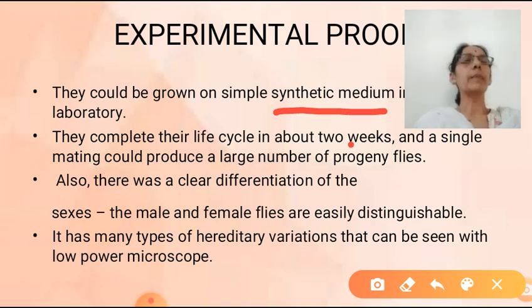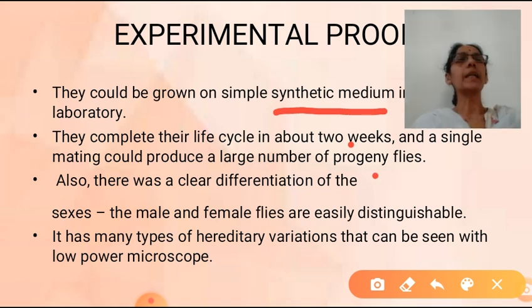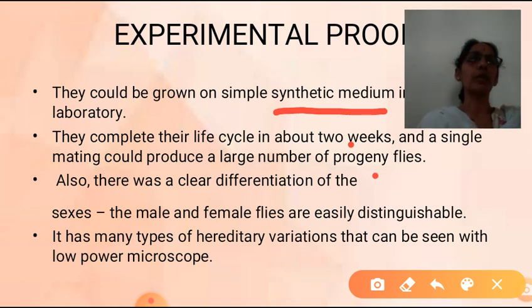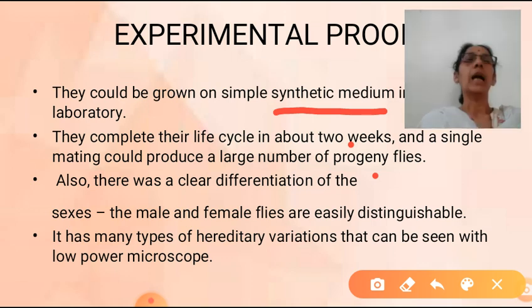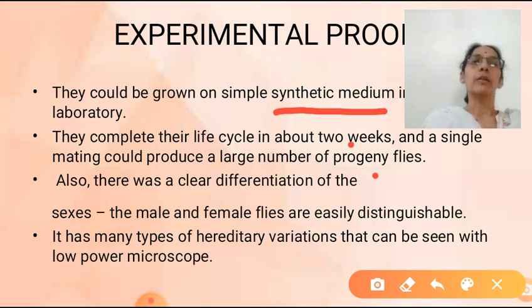In a single mating, it can produce hundreds of progenies, a large number of progenies, and there is a clear cut differentiation of sex. Male and female fruit flies are easily distinguishable, and it has many pairs of contrasting characters.